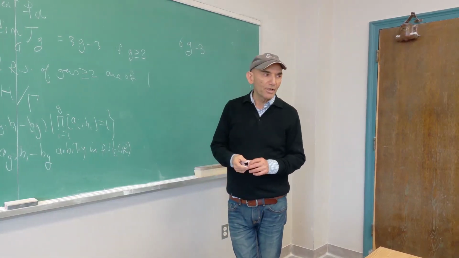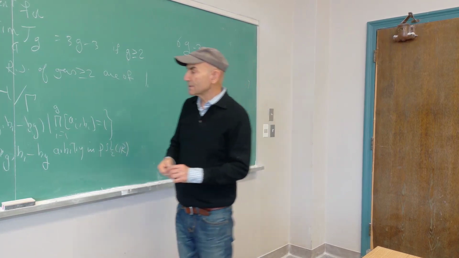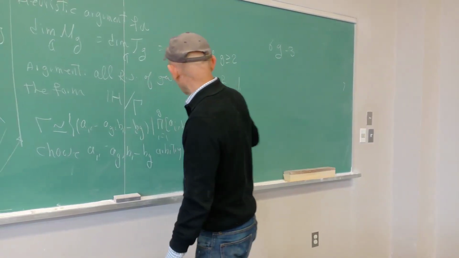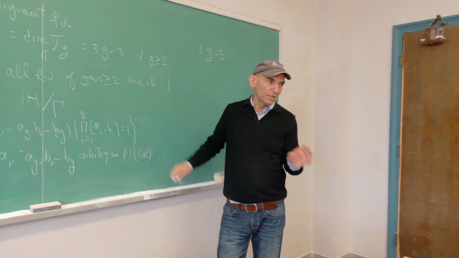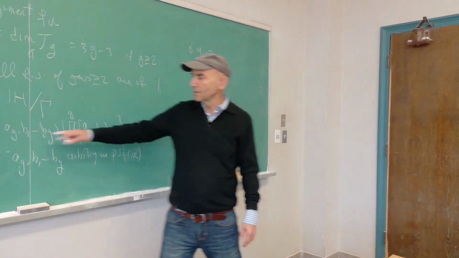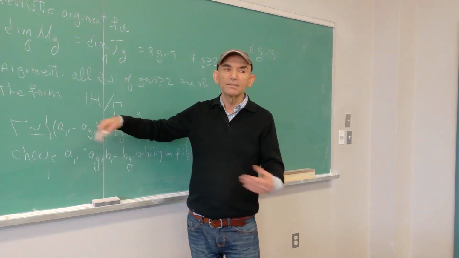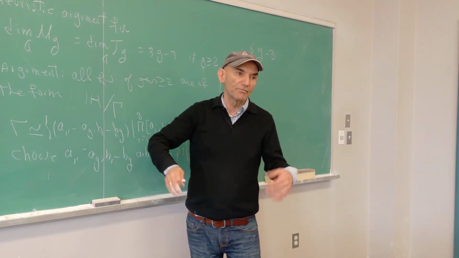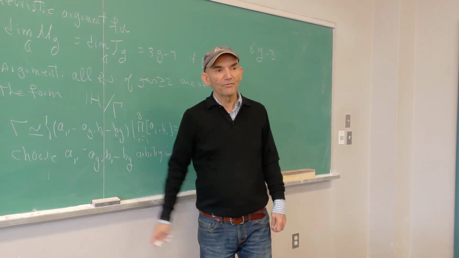Now, where does the other 3 come from? Well, this is not quite given by that, because everything is up to conjugation. If you conjugate the group by any element of SL2R, you get the same group, isomorphic to the original one, and you get the same Riemann surface. So that cuts down another 3.